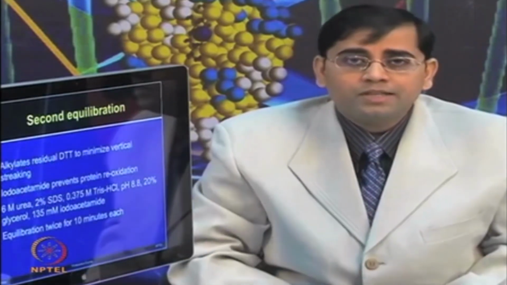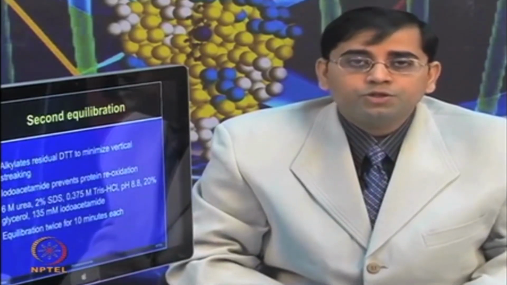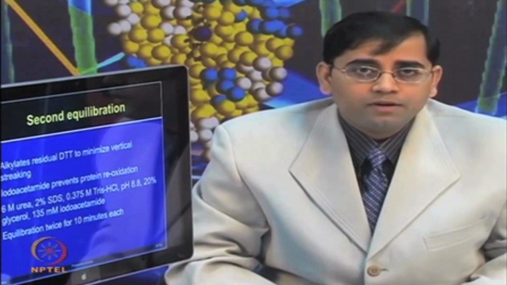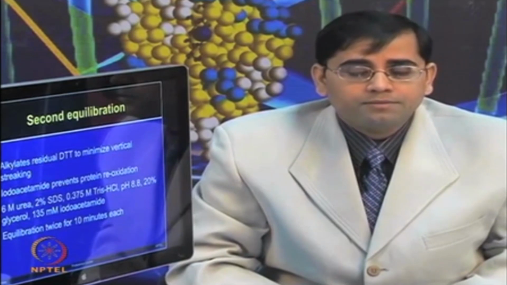Now, as I mentioned, in this buffer you can add DTT, and that will be used in the first equilibration step. The first equilibration step can be performed for 10 or 15 minutes depending upon your strip length. Now, once you have done the first equilibration, you need to remove that solution and add a new buffer for the second equilibration.